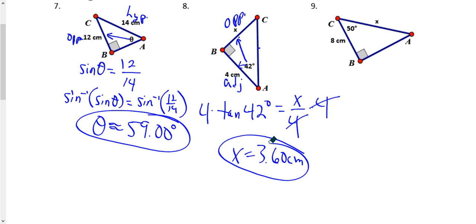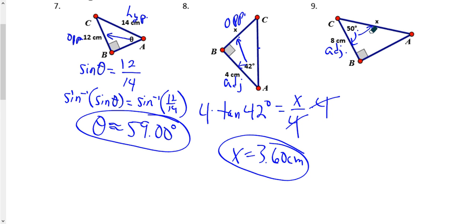What trig function are you going to use for number 9? Here's our angle. What's this side to that angle? That's adjacent. They gave us the x here. What is that side of the triangle? Hypotenuse.